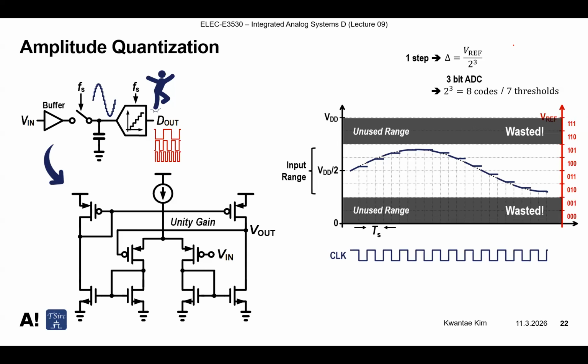Definitely it requires some amount of VDS to make sure it is in saturation mode, for example, 150 millivolt. So even if you buy a very, very expensive op amp on the market, from Texas Instruments or Analog Devices, the op amp's output range is not touching VDD to 0.